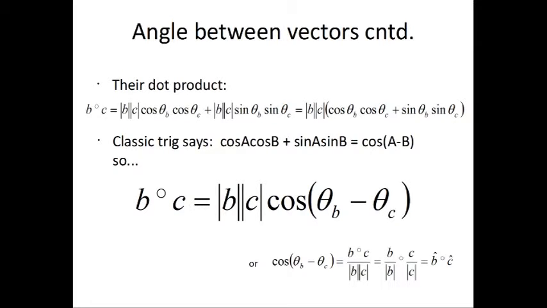So now suddenly we have b dot c equals the lengths of b and c multiplied times the cosine of the angle we were looking for, or we can also say the cosine of the angle we were looking for equals the dot product of the vectors divided by their lengths, or the dot product of each vector's unit vector. So if we take each vector and make a unit vector with the same direction, we can then take the dot product of those vectors, and that'll give us the cosine of the angle. So having the cosine of the angle will very simply reveal to us the angle itself.